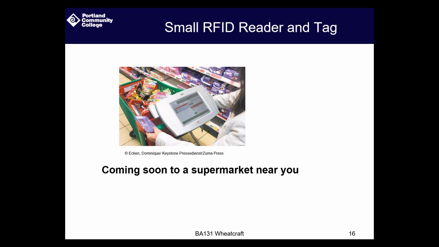We'll take a look at an example of using this in a supermarket, where you can use RFID chips that have been embedded in the food items to automatically do your checkout. And this is different than barcode reading, and we'll talk about that in class as to what's the difference between an RFID chip on a product versus the standard barcodes that we're all used to.